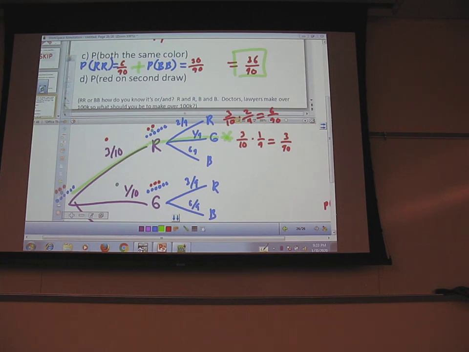So whenever I pull them out, they're going to come out in this order: red, then white, then white, then white, then red, then white, then green, then white, then red, then white. This is the order they're going to come out, no matter what. This is going to be first, that's going to be second, that's going to be third.